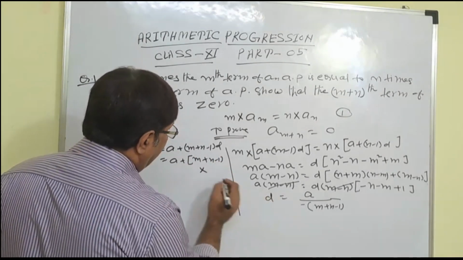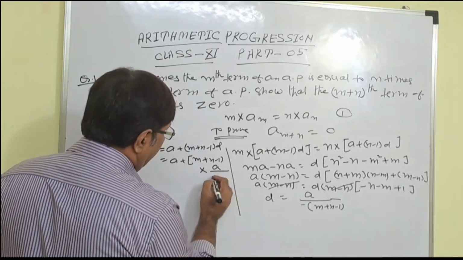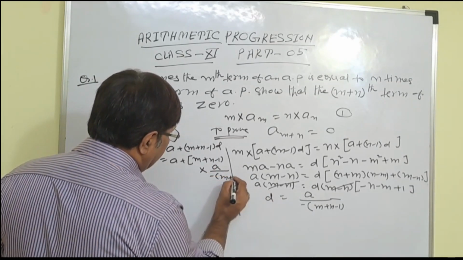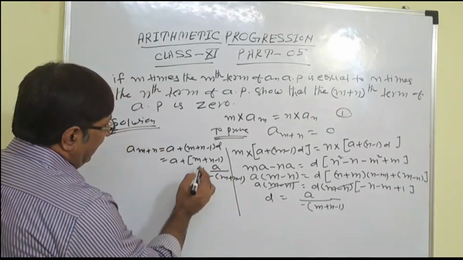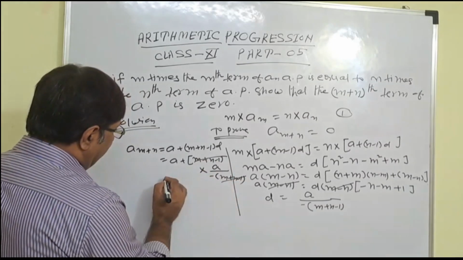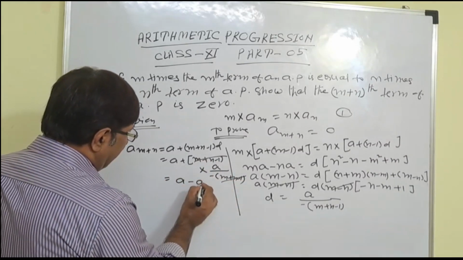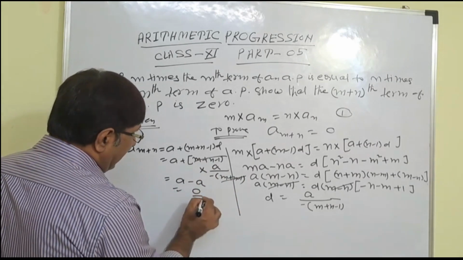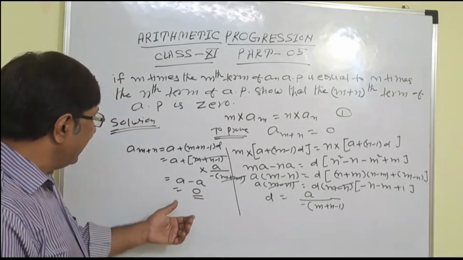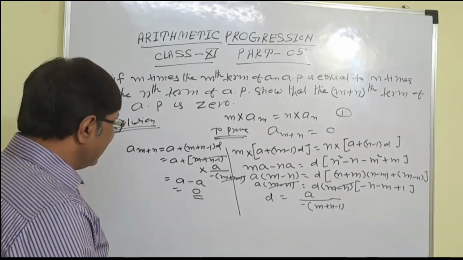So d is a upon minus m plus n minus 1. So this and this cancel out, so we get a minus a. A minus a is 0. So our answer is 0. This is our RHS.